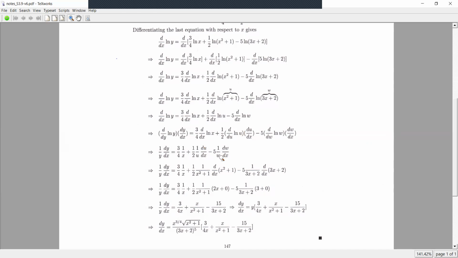Now, plug in, remove u and w. u is x squared plus 1. Plug in x squared plus 1 in the u here. And plug in 3x plus 2 in the w here. Then I have this equation.